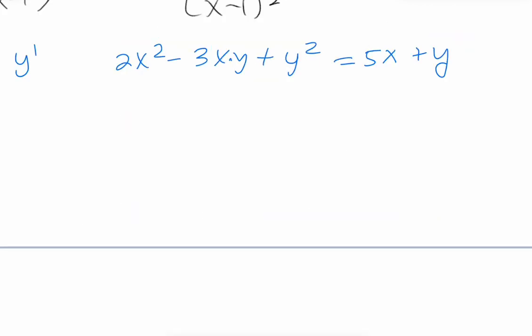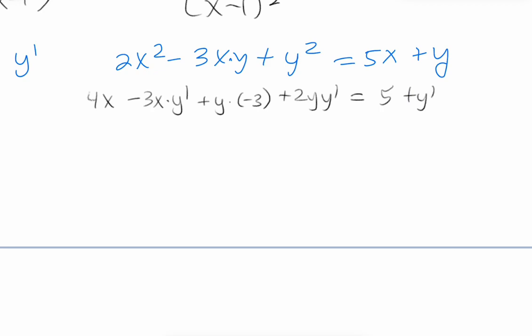Okay, so the derivative of a 2x squared is a 4x. This is a product rule, Mrs. Hott. So we're going to do the first times the derivative of the second plus the second times the derivative of the first. There we go. Is that what you were missing? And then here, this is 2y prime. This is 5. This is y prime. Okay. Does that look better?